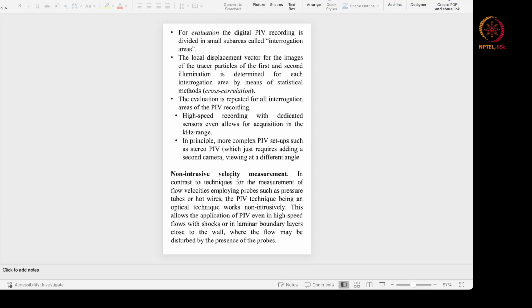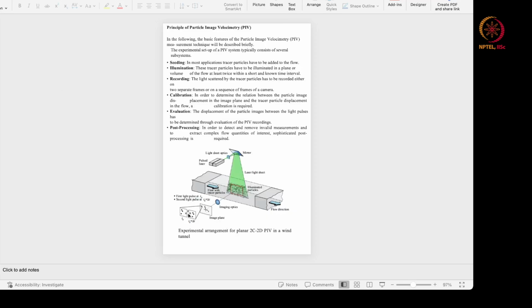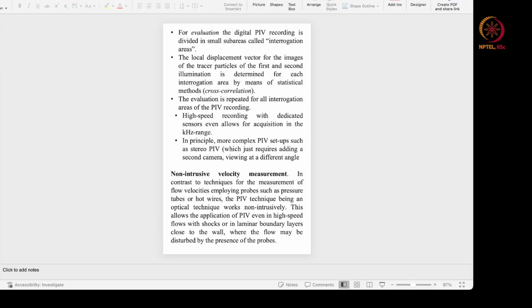Now for the evaluation, the digital PIV recording is divided into sub areas, which we call interrogation areas. These are these blocks that you see. The local displacement vector for the images of the tracer particles of the first and the second illumination is determined for each interrogation area by a method called cross correlation. We will see what that is.